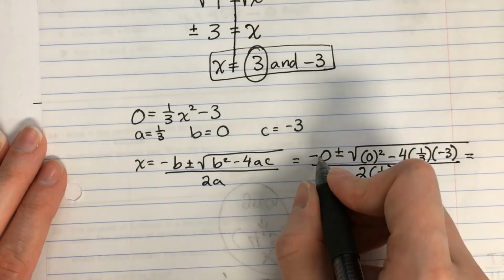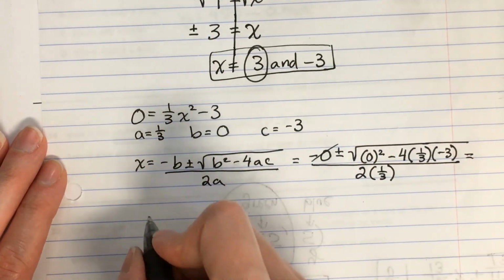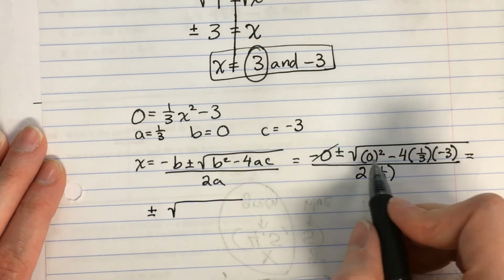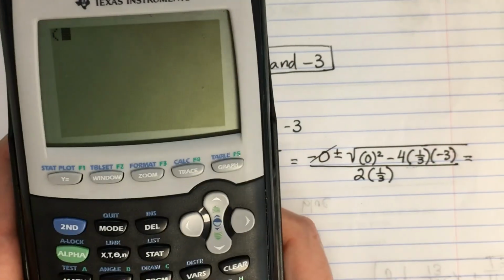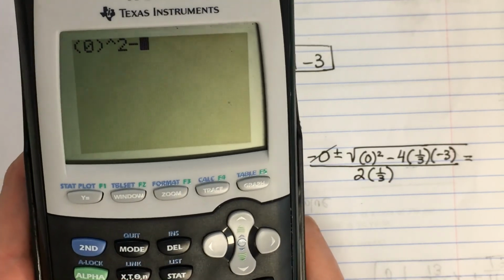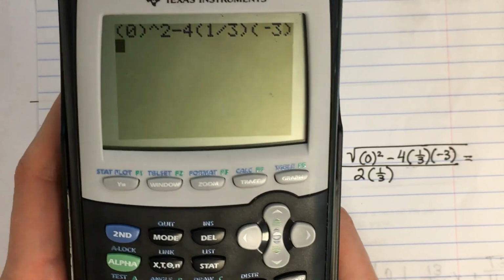We're going to go ahead and copy. So negative 0 is 0, so basically that cancels. So have positive negative square root. Let's put this all in the calculator. So parentheses 0 parentheses squared minus 4 times 1 divided by 3 parentheses parentheses negative 3 parentheses.